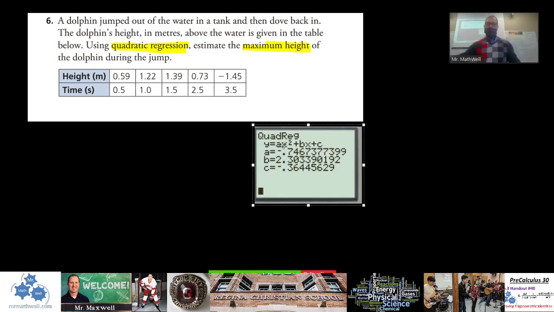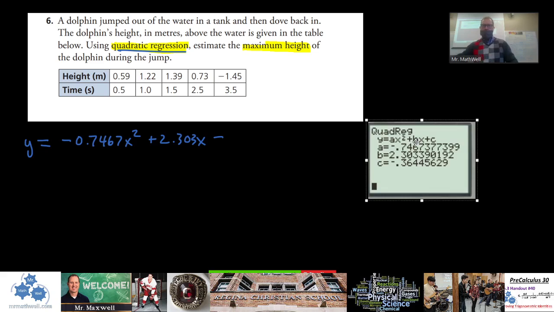So when this is on the screen, you're going to write, here's the regression function, is going to be y equals negative 0.7467 x squared plus 2.303 x minus 0.3645. Okay, that would be perfectly acceptable for stating the quadratic regression.